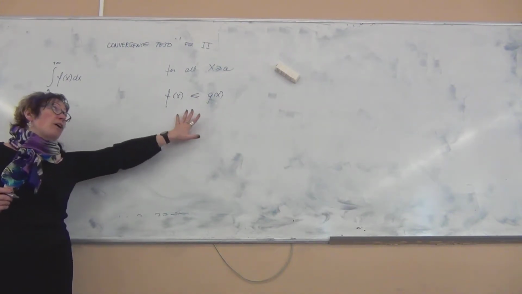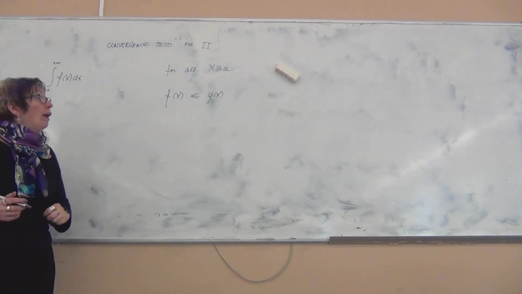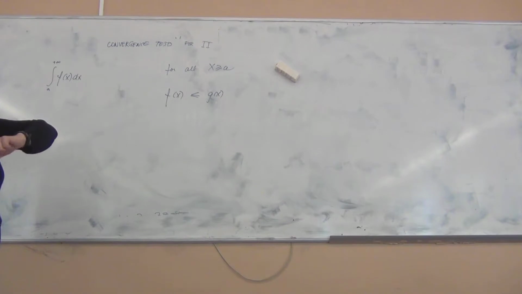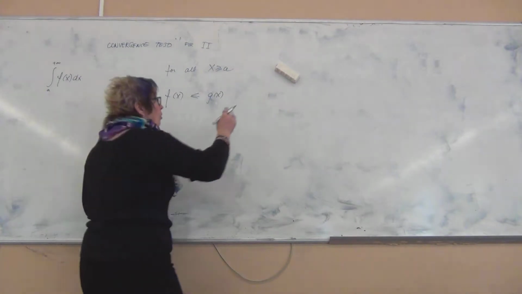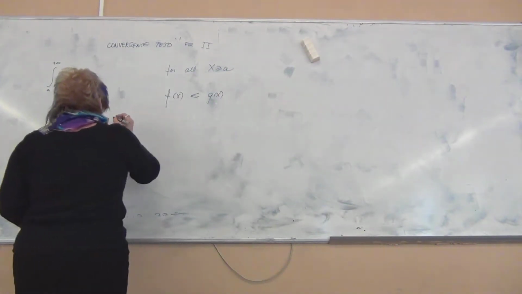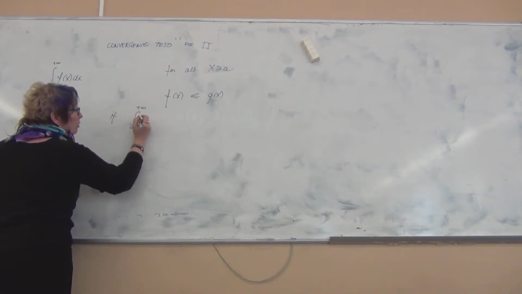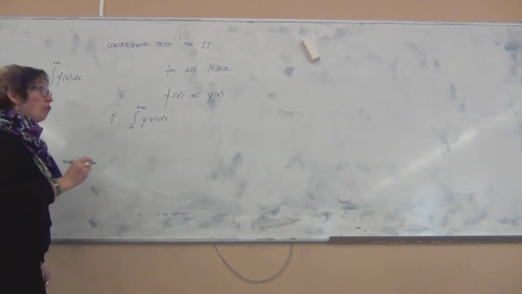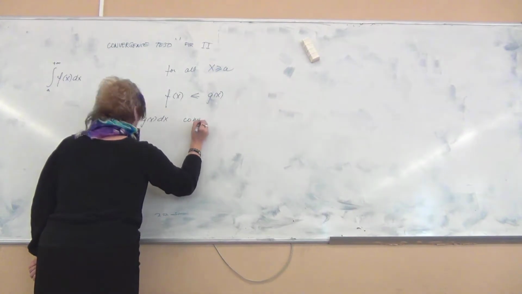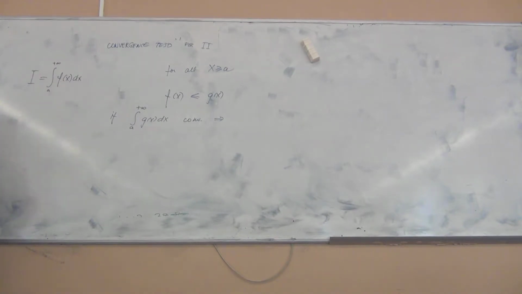If we have this function, and let me remind you, we are talking about positive functions only, and we know the properties of the integral for this one, then I can say that if the integral from a to plus infinity of the function g of x dx converges, then obviously my original integral, I'm denoting it by I because I don't want to write too much, must also converge.